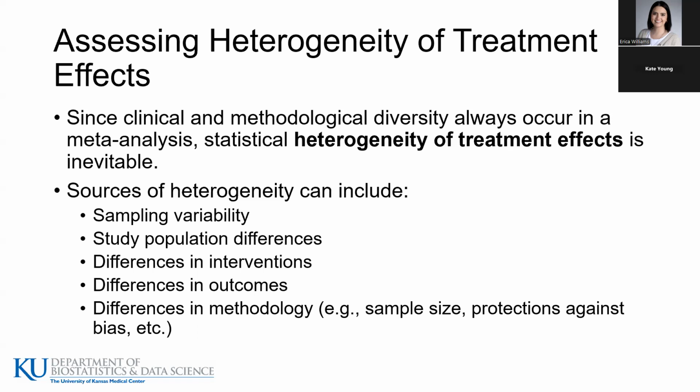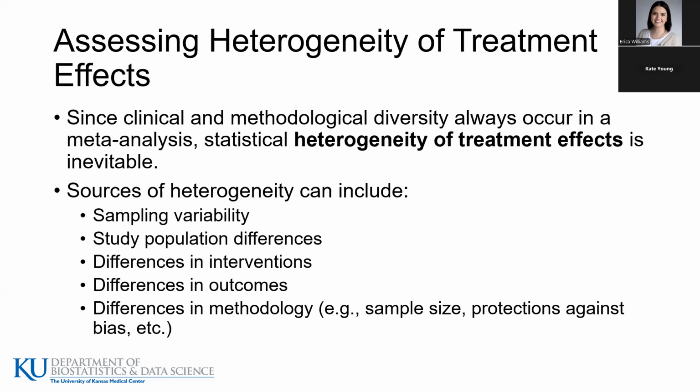And then methodological diversity is sometimes called methodological heterogeneity, which describes variability in the study design and in the aspects of the study design, like sample size or how the researchers protected against bias.